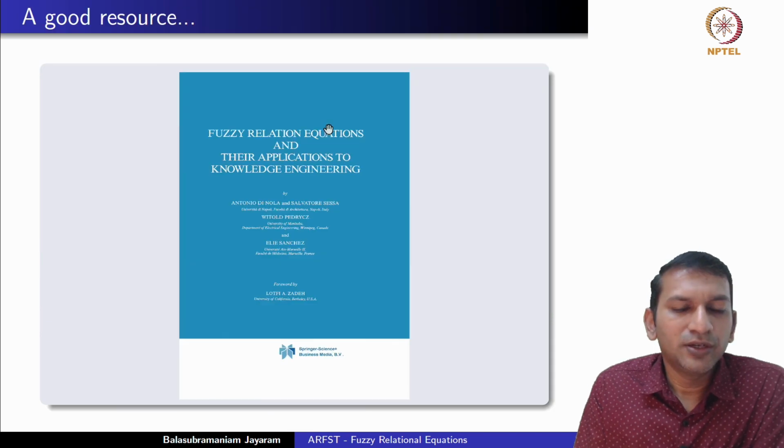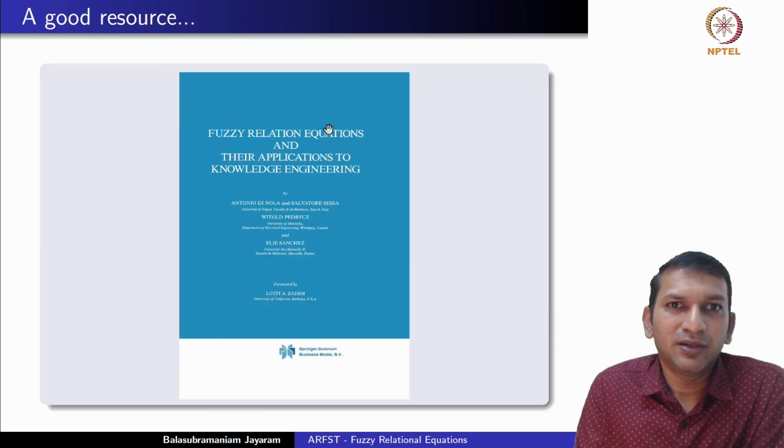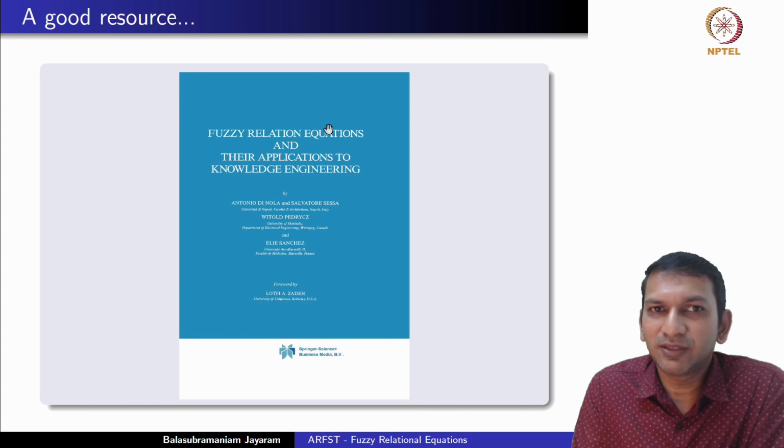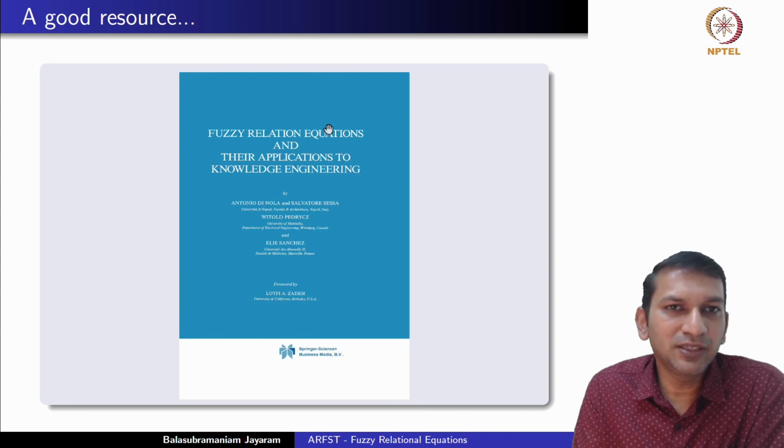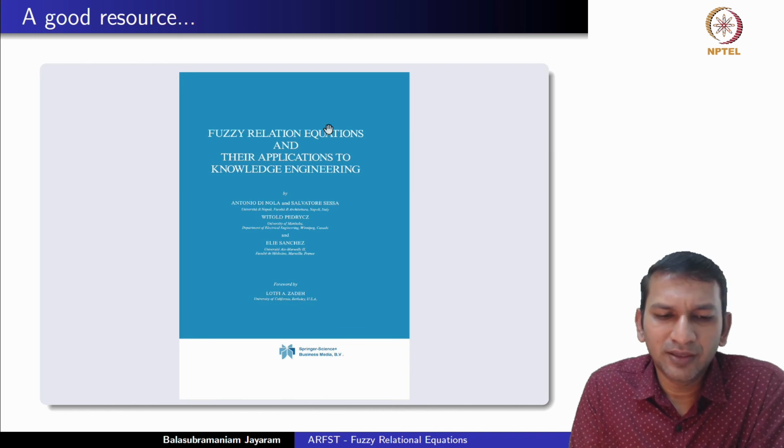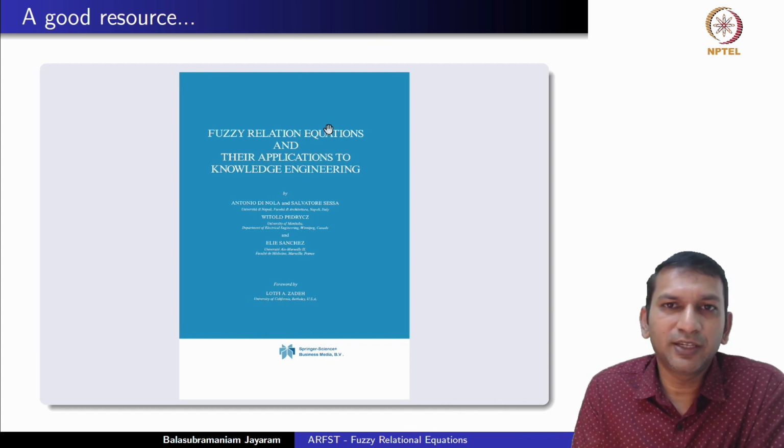A good resource that deals with fuzzy relational equations, specifically what we have seen in this lecture, is the book by Antonio Di Nola, Salvatore Sessa, Pedrycz and Sanchez. It's an edited volume.